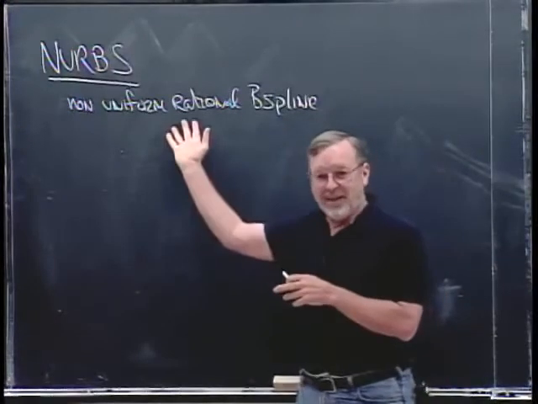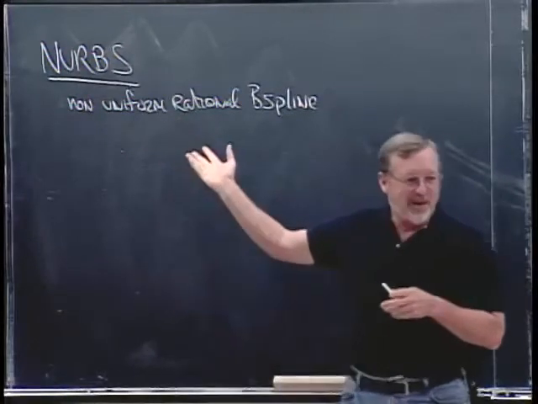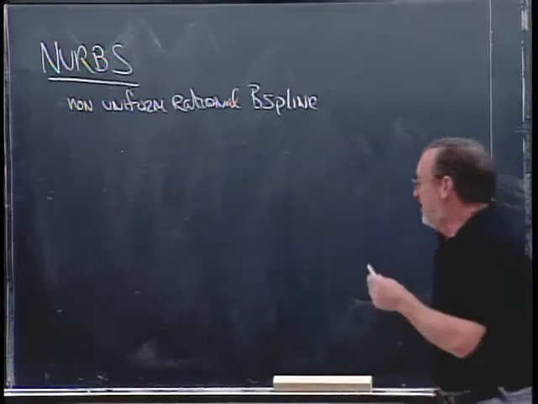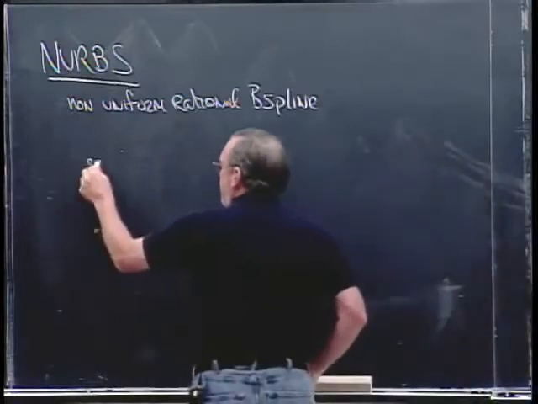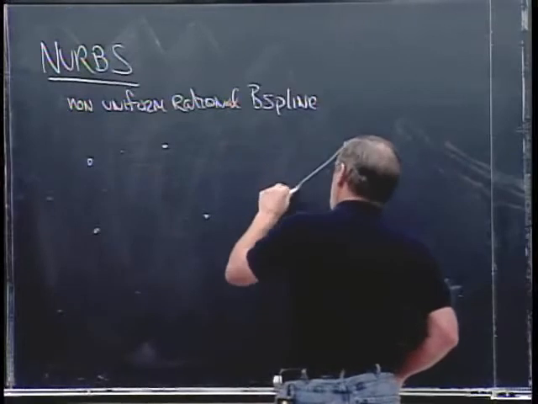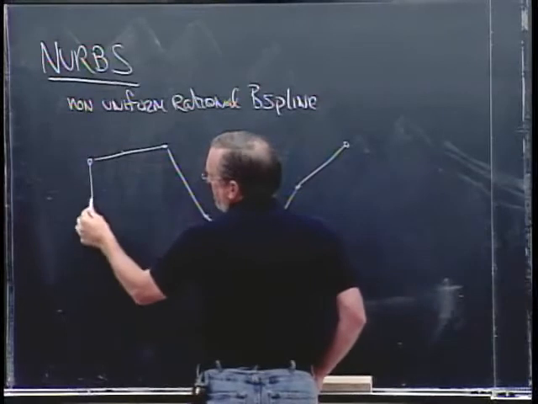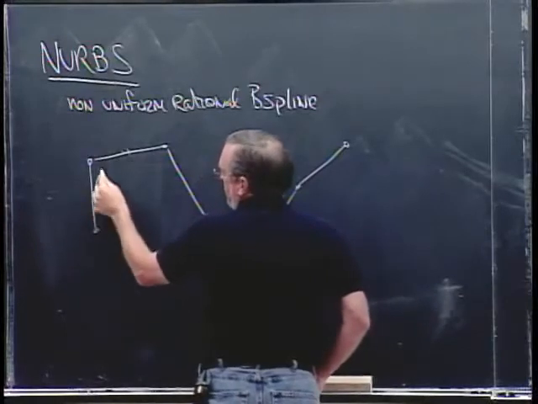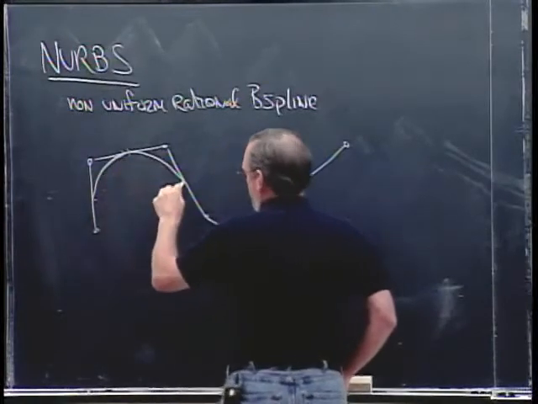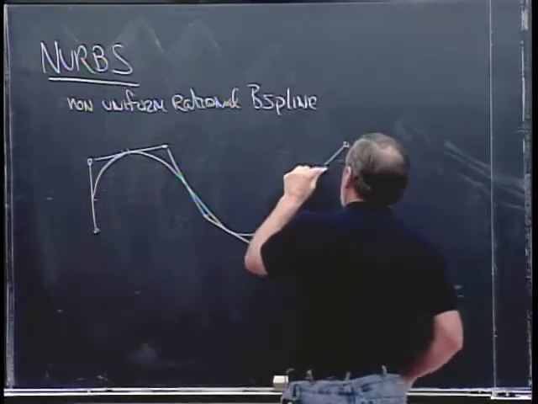Now, this is a graduate course. The last part of an undergraduate course and a graduate course is to actually get you to these things. But if you remember with Chaikin's curve, what you resulted in was something that looked like little curves like this, like that, like that, like that, and like that.